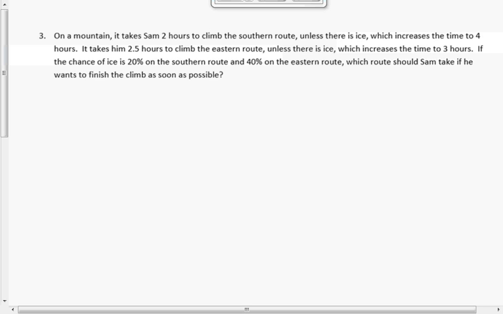This is another one that's pretty much the exact same thing. In this one, the person is working to climb a specific route to go to a hiker. And whether or not there's ice on the route tells you how long it's going to take to climb this route. He'd like to climb the one that he can expect to take the lowest amount of time. Okay, start with my table.